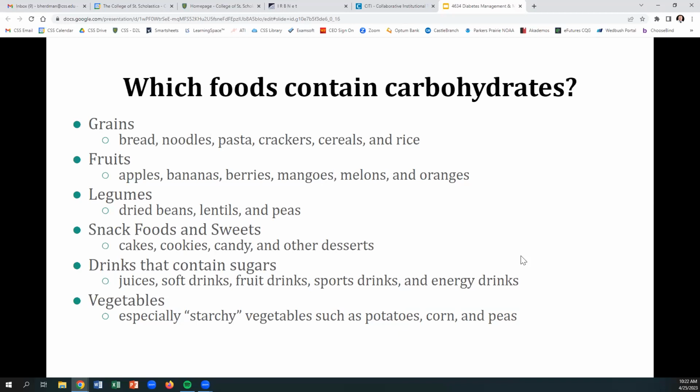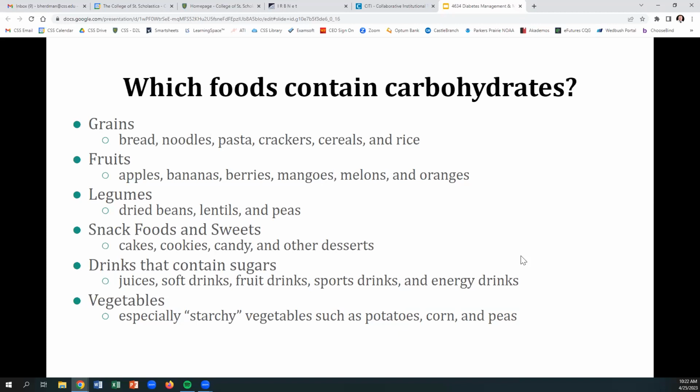Legumes or beans, or I don't even know what legumes really means, but it's beans and seed-like, pod-like foods like beans, lentils, and peas. And of course, anything that's snacky and has sugar in it. So cakes, cookies, candies, other desserts, okay? Drinks.